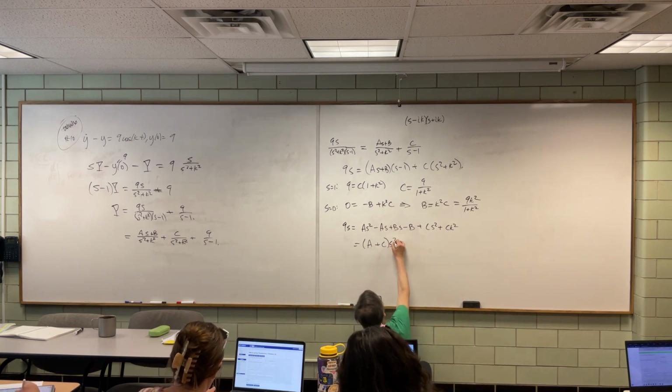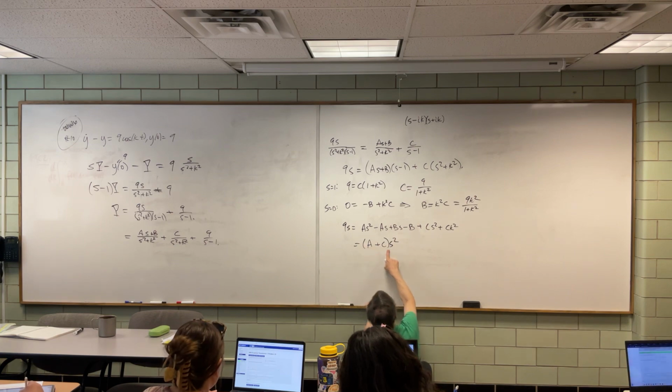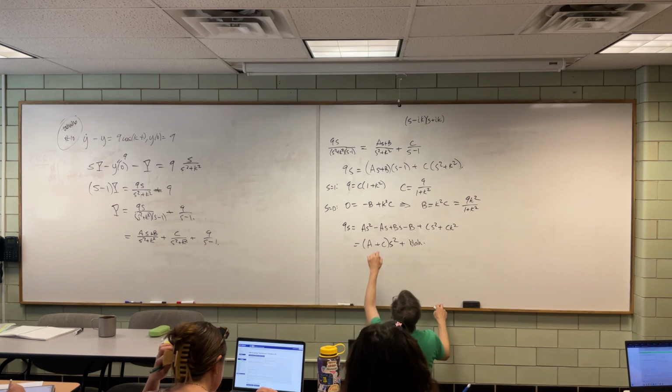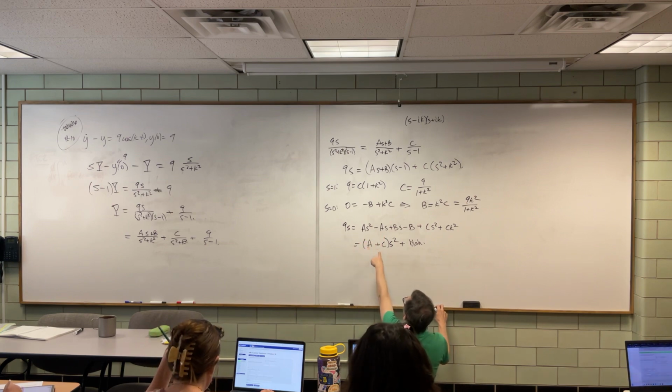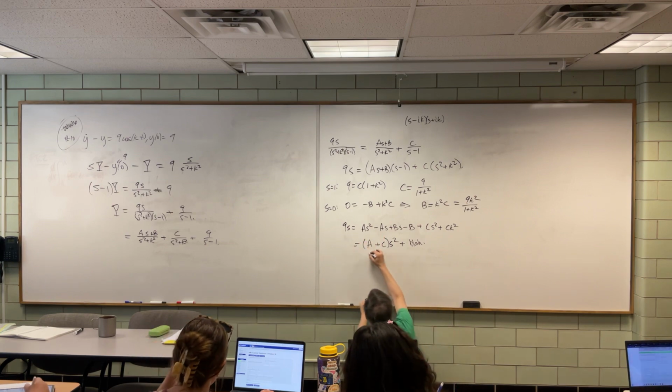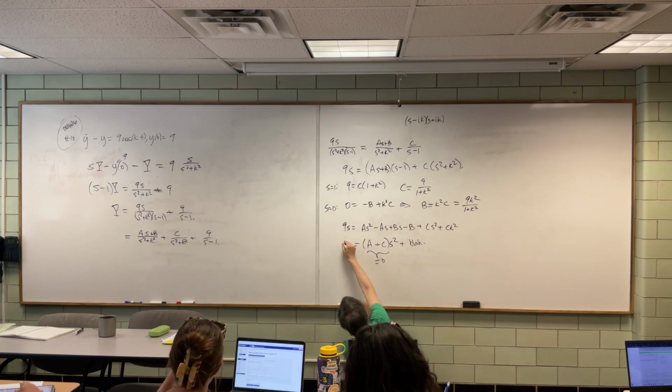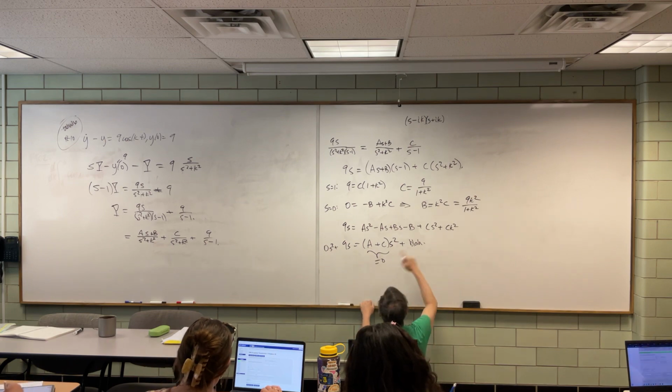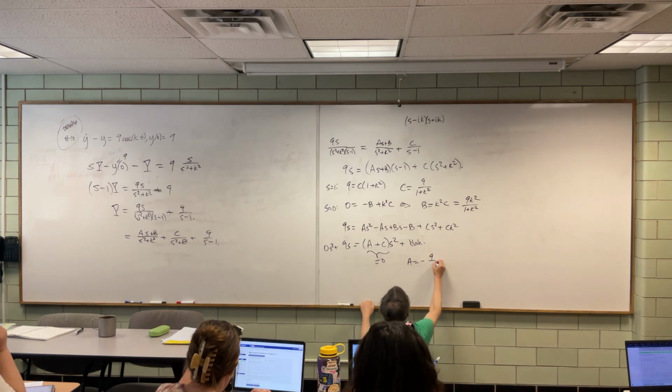Because I've got a plus C s squared plus other stuff. I don't even care about it because this has to be 0, right? So this must equal 0 because what's on the left is 9s. You can think of that as a 0s squared there. So A is equal to negative C, and we're good.